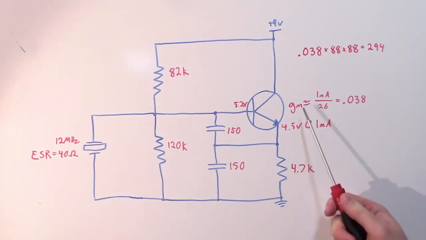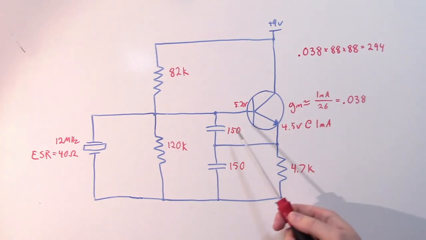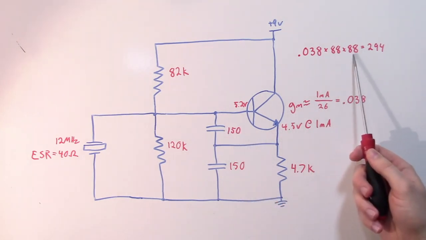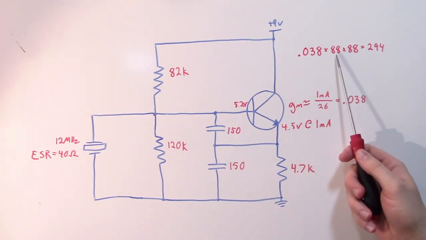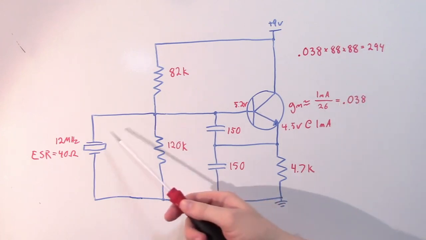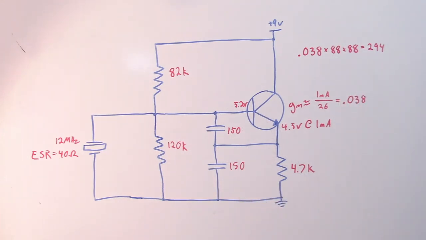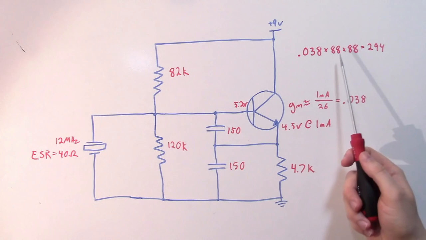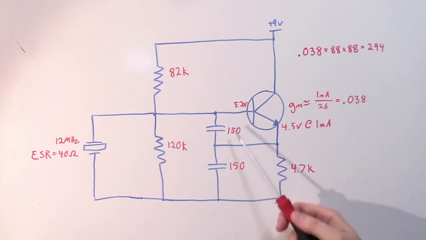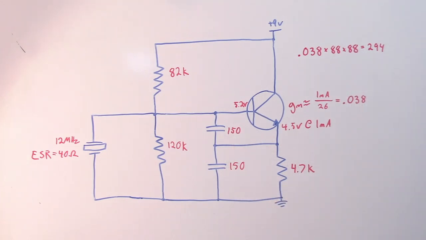So remember, our transconductance times the impedance of our C1 and C2 capacitors, which are both about 88 ohms at 12 megahertz here, needs to be larger than the internal resistance of the crystal. And we see that gm times the two impedances of our capacitors is 294, which is 7 times greater than our 40 ohms here.